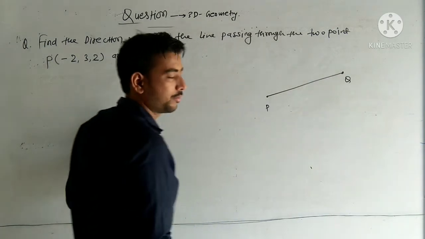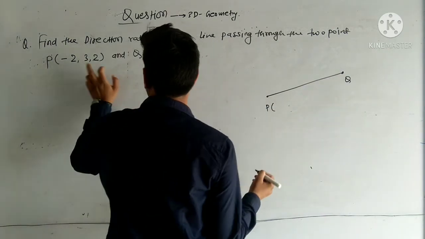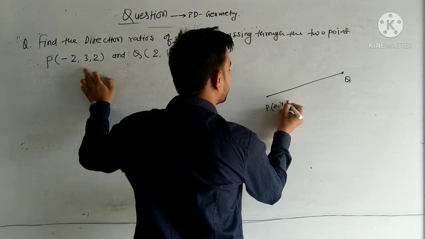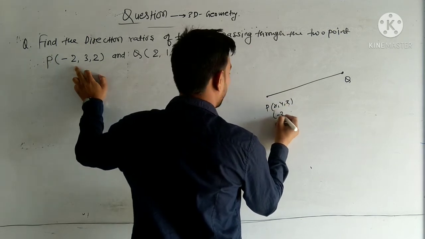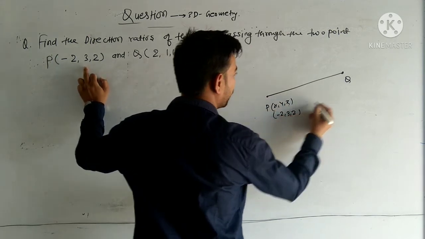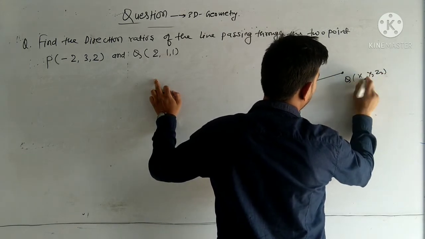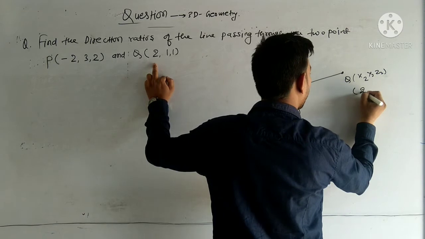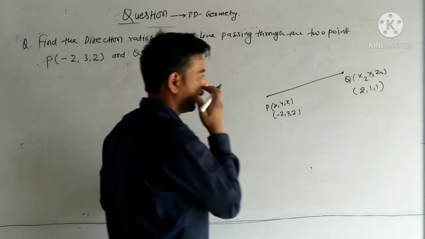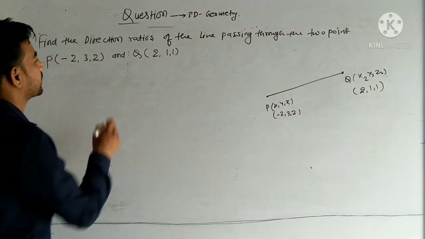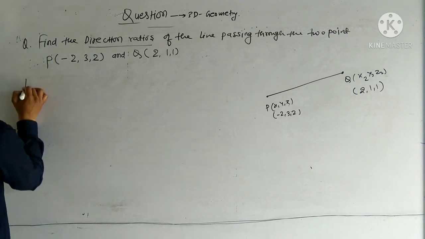This one is point P, its coordinates x1, y1, z1, it is given -2, 3, 2. Its coordinates x2, y2, z2, it is given 2, 1, 1. And we have to find direction ratios.